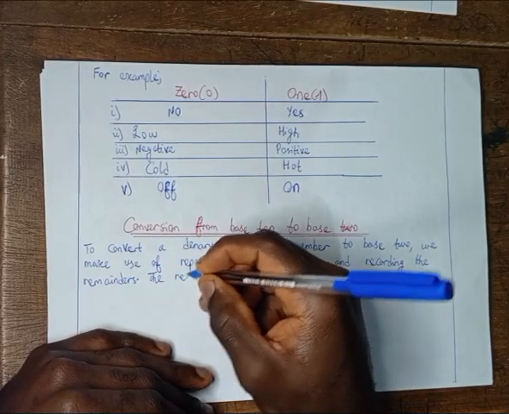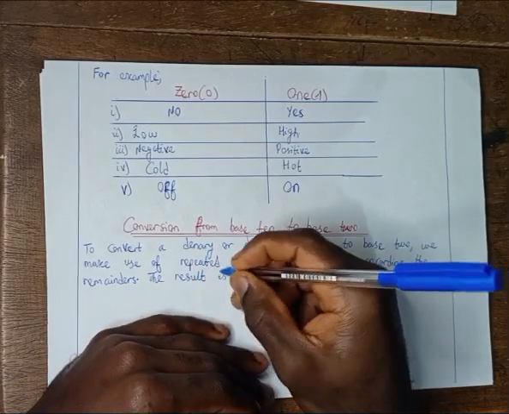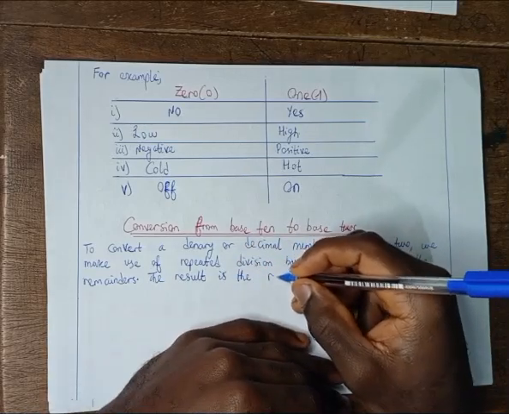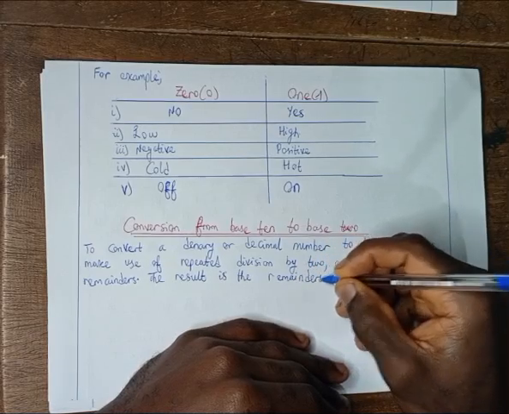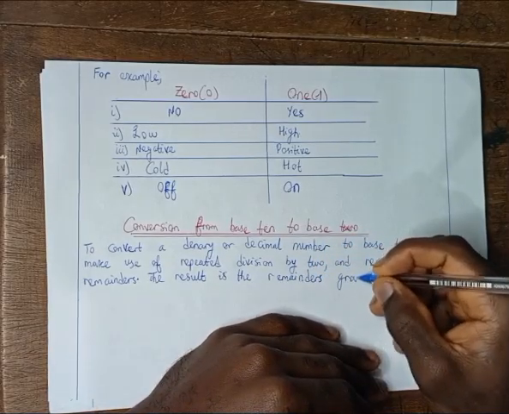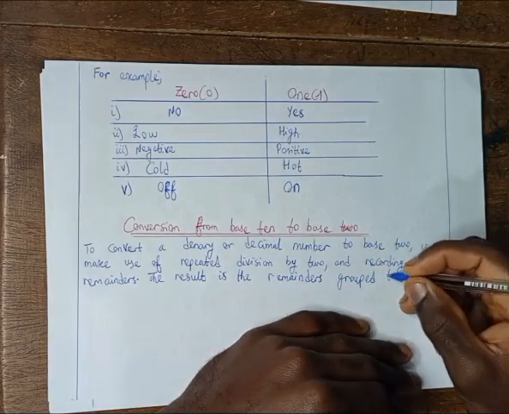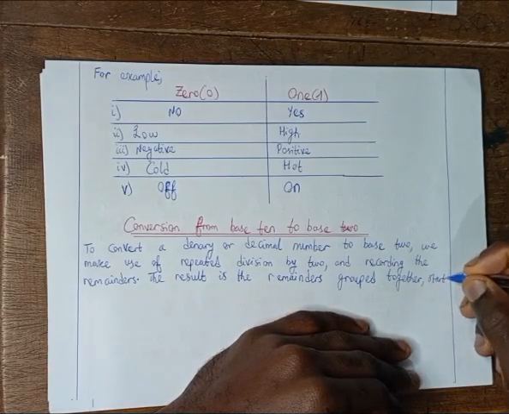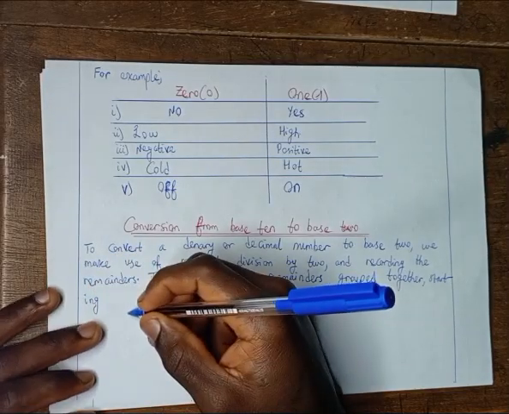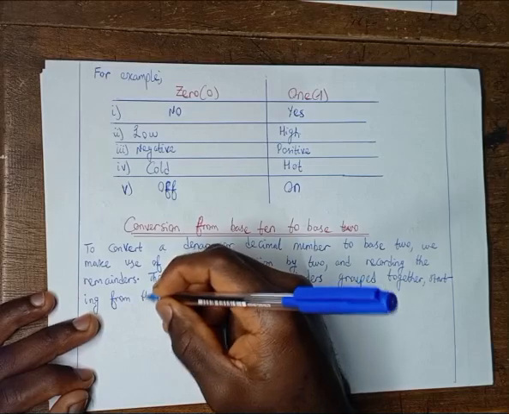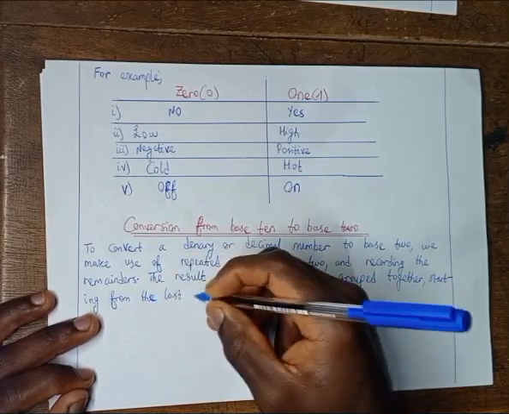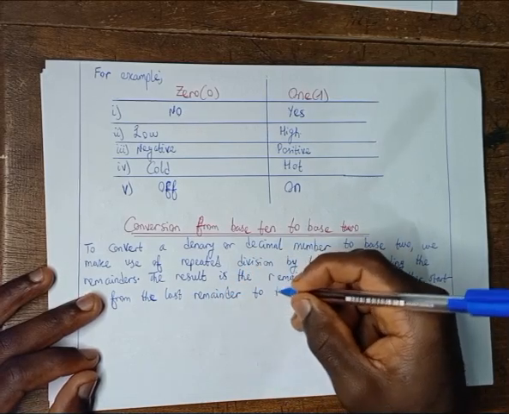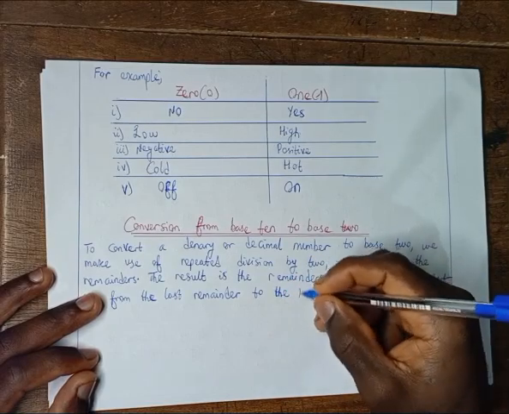The result is the remainders grouped together, starting from the last remainder to the first remainder.